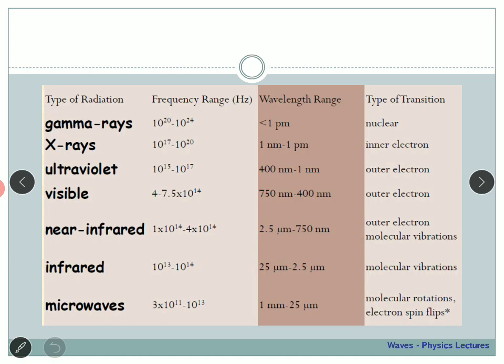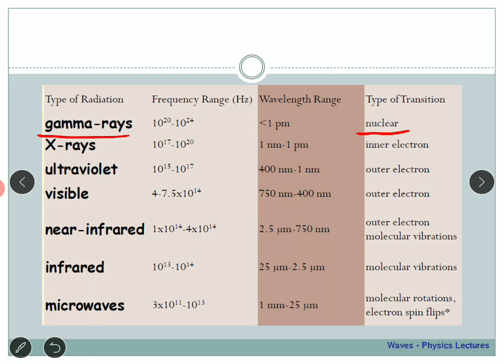So this table you might have seen before, because I think we have discussed it in our initial classes also when we were talking about electromagnetic radiation. So the frequency range and wavelength has already been given in your classes. But if we just look into the transition that we are talking about here, for let's say gamma ray. Now the gamma rays are basically happening because of a nuclear transition.